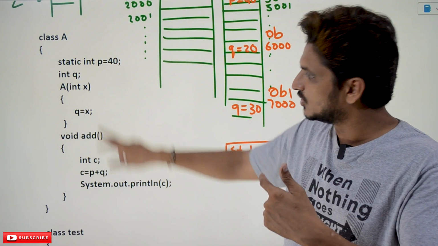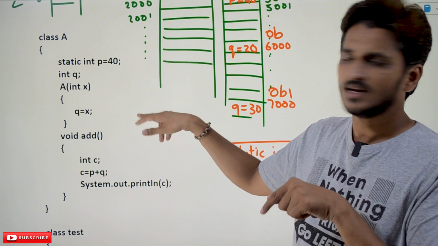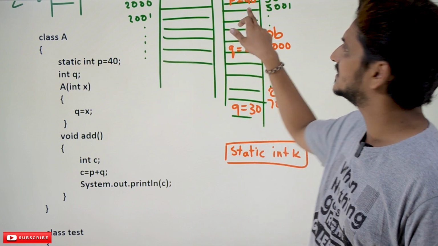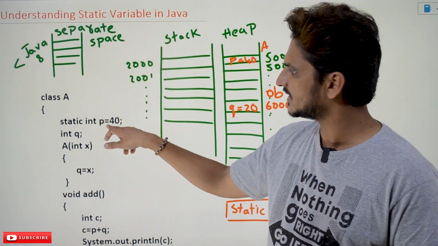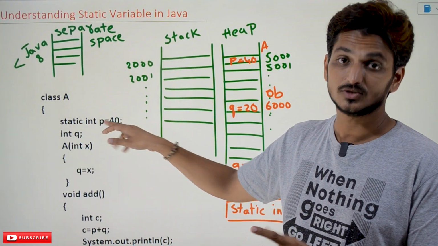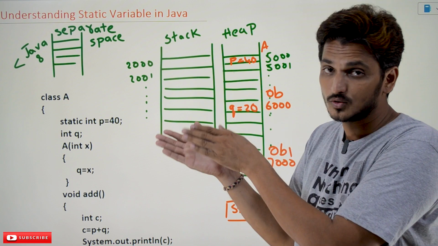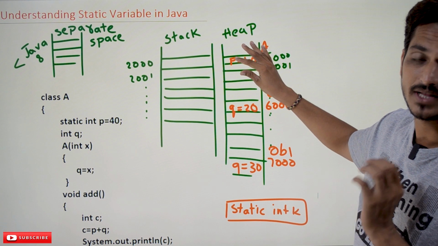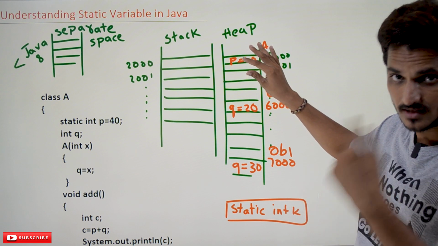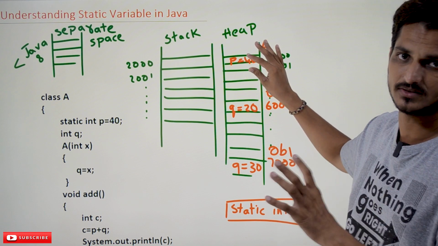Whenever this program is loading, static variables are assigned space. What are the static variables we have here? p is a static variable. So whenever this program is loading to random access memory, static variables get assigned a memory location.